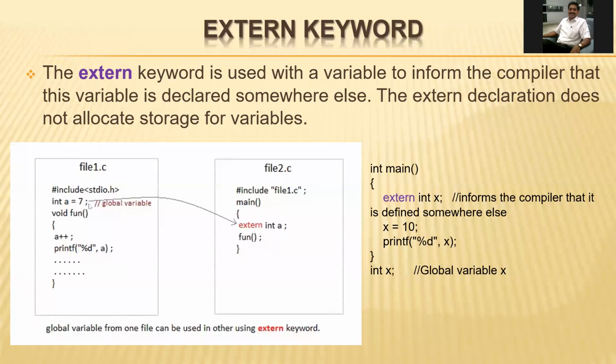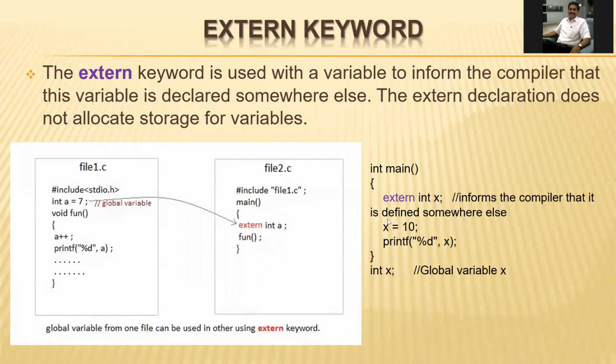It is a global variable, but this a equal to 7 is not used here in file1.c, but it is given into file2.c, and that will be given as an external variable, that is extern integer a. So that can be used here also. Okay, so that will be done with extern as a keyword.